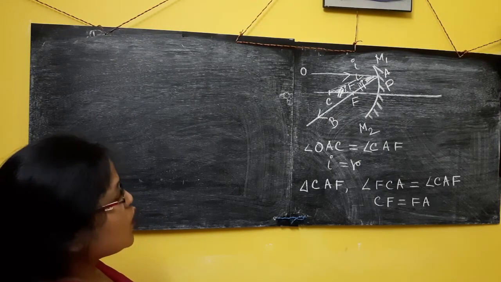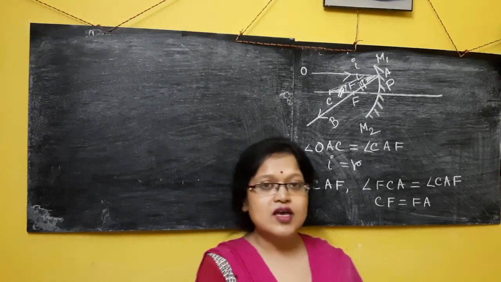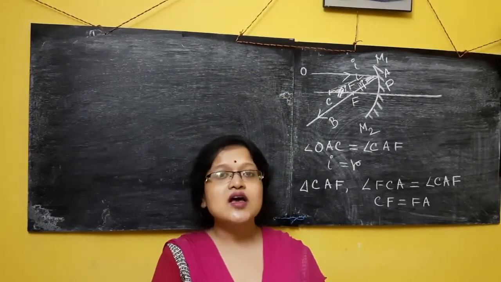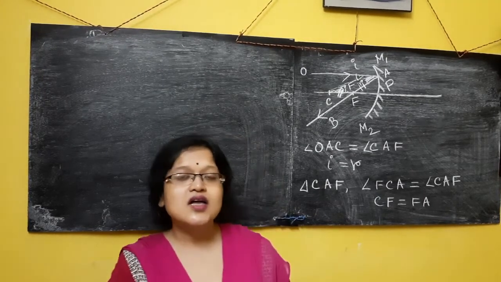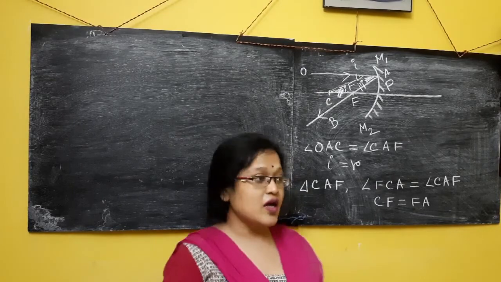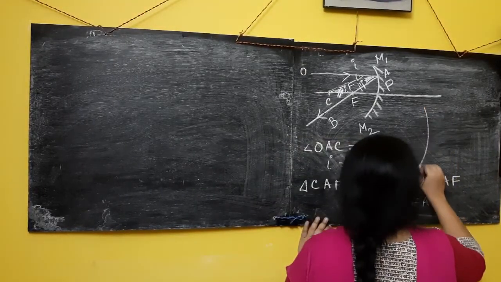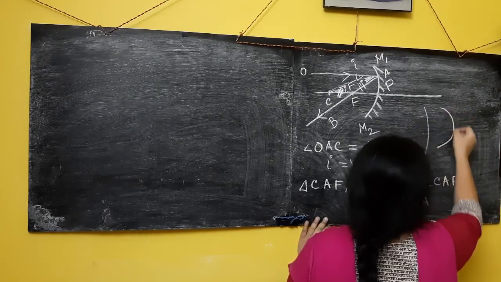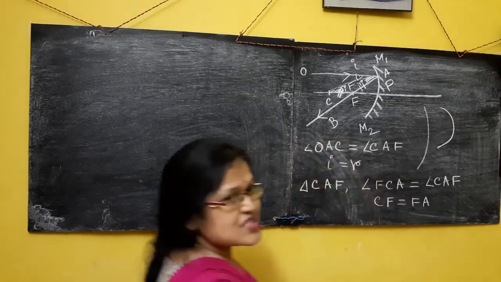Now coming to the last approximation. The approximation is that we know this is a concave mirror. Remember that we are taking the aperture of the mirror to be very small. Aperture means the curvature; the mirror I have taken is like this, not like this. Clear? So here the curvature is very small compared to here, so I can say it is nearly a straight line.